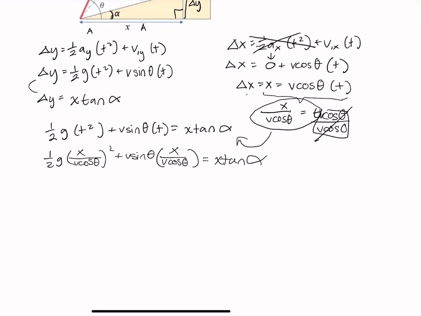What we can do now is distribute this square and multiply it with these terms outside of the parentheses. So we're just combining now, we're just simplifying. g x squared, because we're distributing this square, over 2 times v squared cosine squared. And then plus.